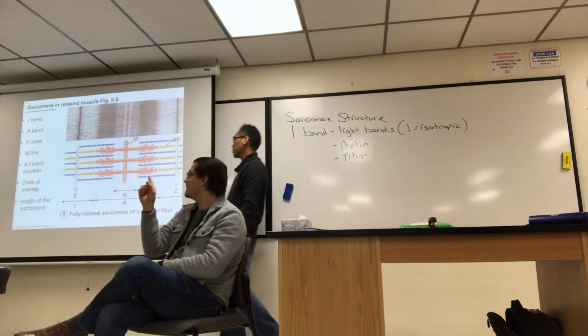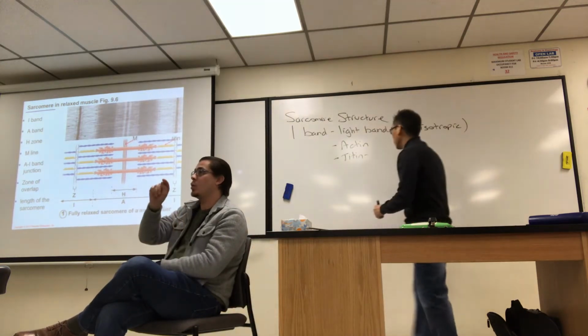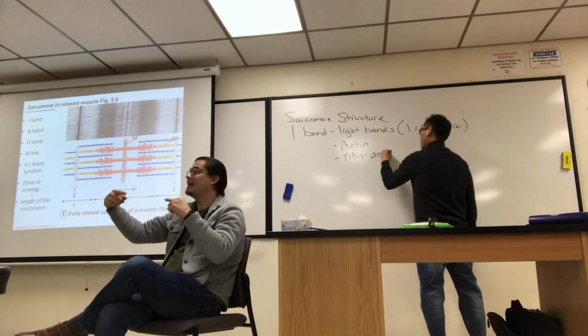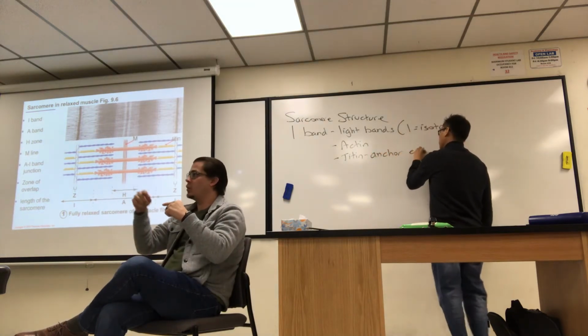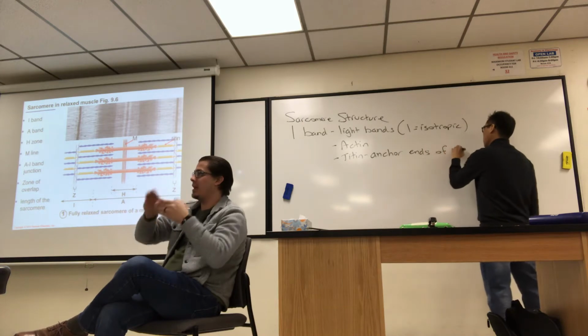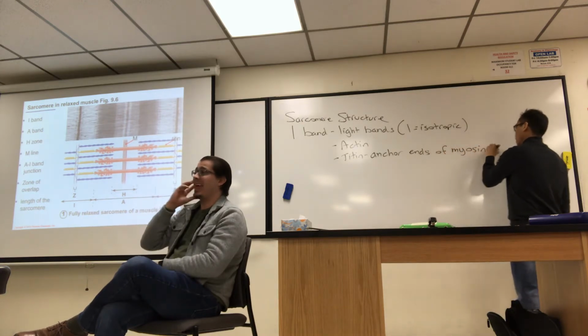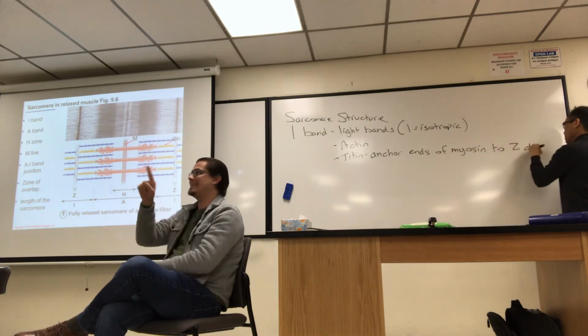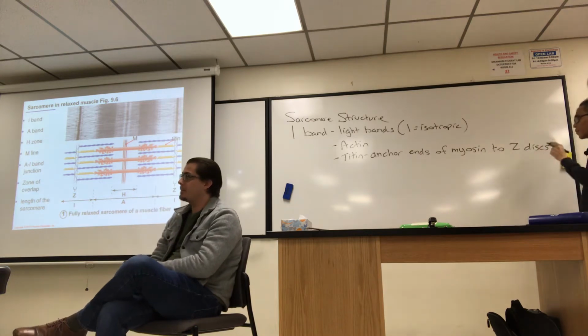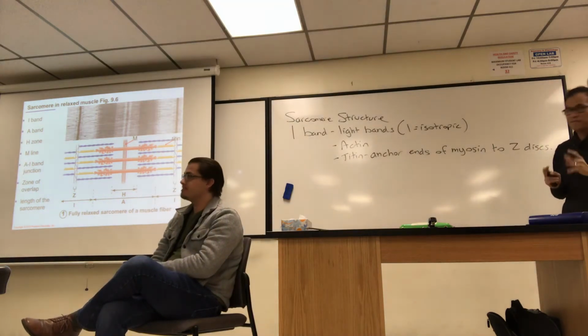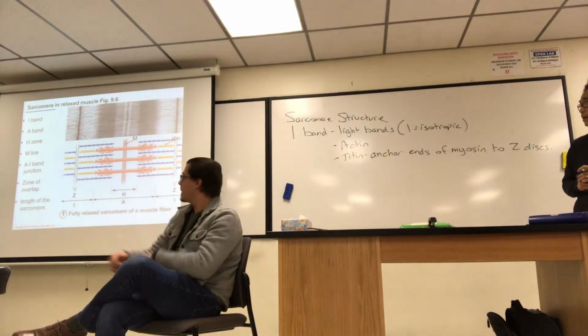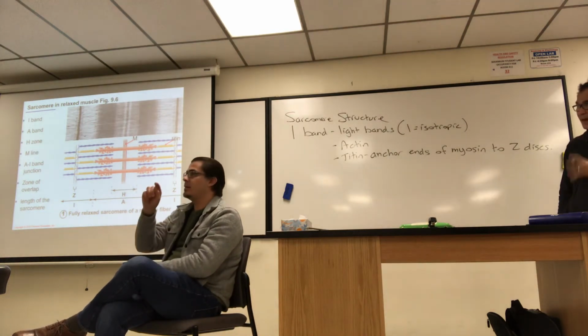So for titin: anchor ends of myosin, the thick filaments, to Z discs. In that way, titin is organizing the thick filaments. And titin you see in the light bands.